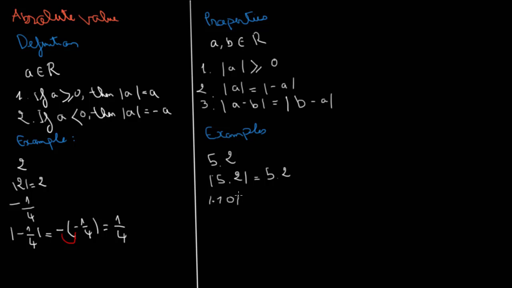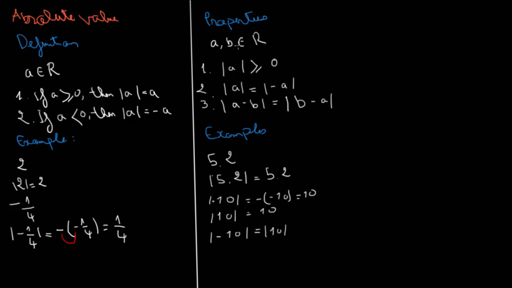The absolute value of minus 10 simply equals its additive inverse, which is 10. And the absolute value of 10 simply equals 10. So the absolute value of minus 10 is equal to the absolute value of 10. And voila, it's very obvious.